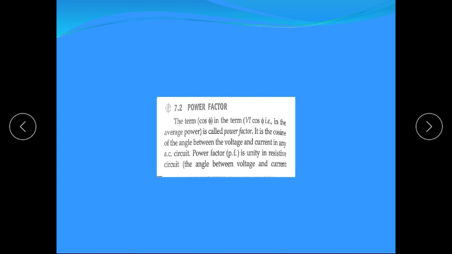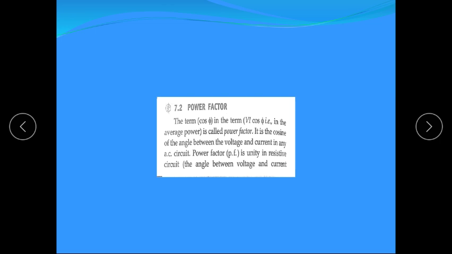Next term is power factor. What is the power factor? The term cos phi in VI cos phi, that is the average power, is called the power factor. It means the cosine of the angle between the voltage and current in any AC circuit is known as the power factor.